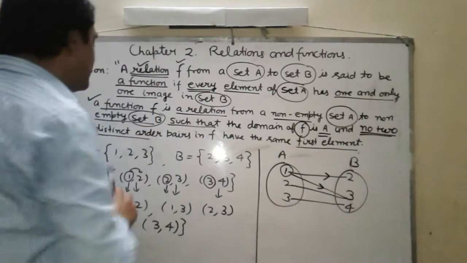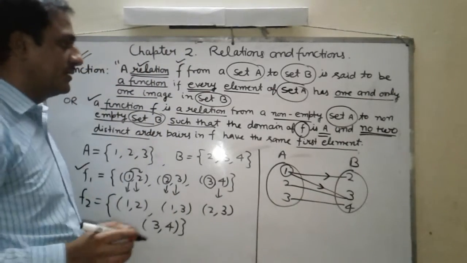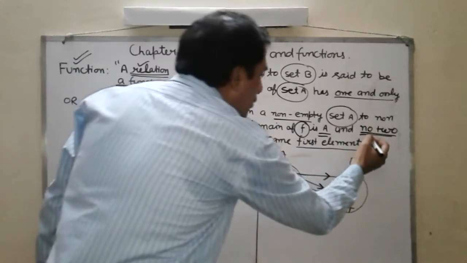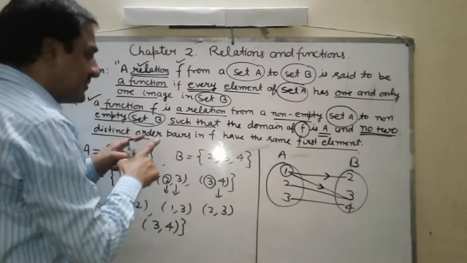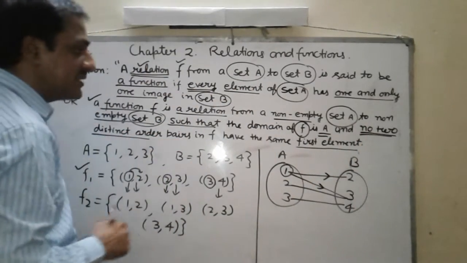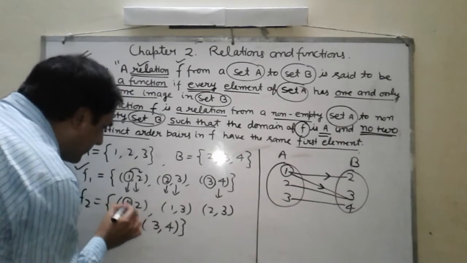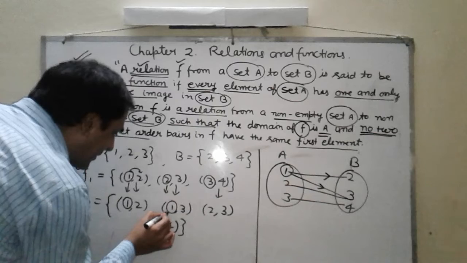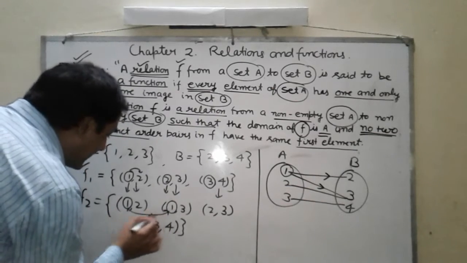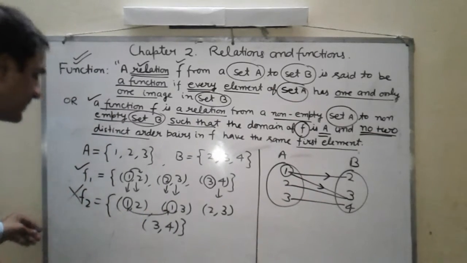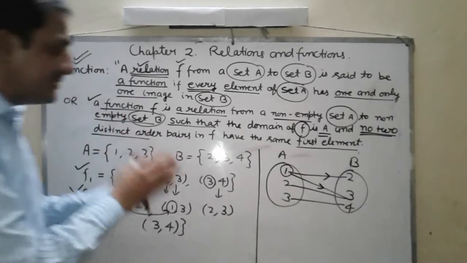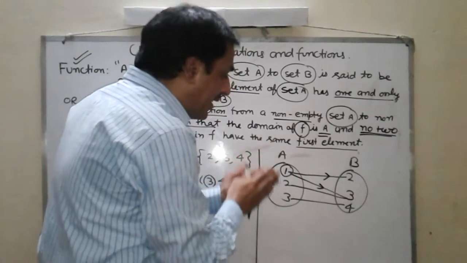But according to the definition of function, no two distinct ordered pairs in f have the same first element. Here the first elements of these two ordered pairs are the same. So this is a relation, but it is not an example of a function.